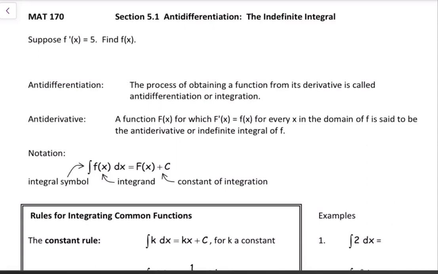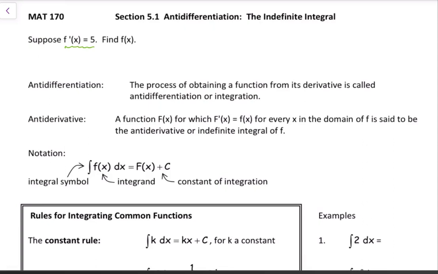So I want to show you with this first supposition here what we're trying to do. So I have that derivative listed there as the derivative of some function f is equal to 5. And I want you to come up with the function whose derivative would be 5.